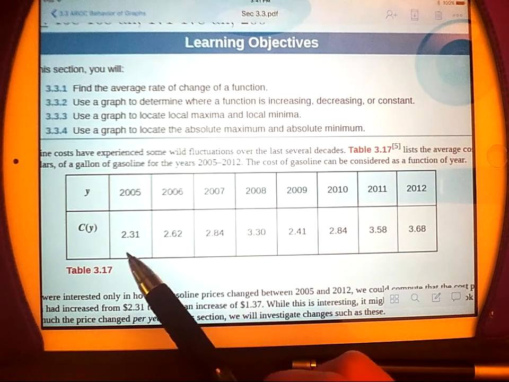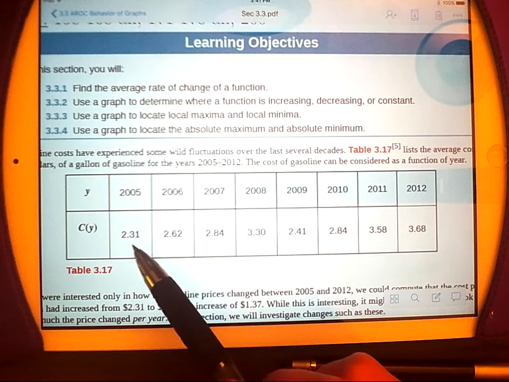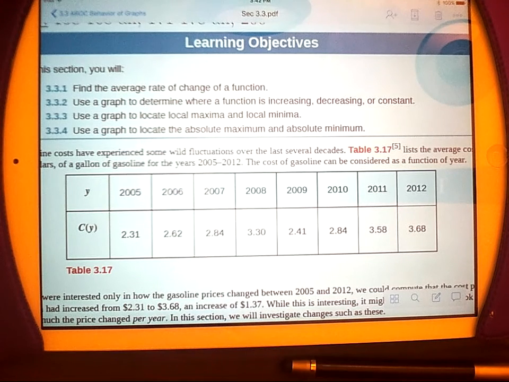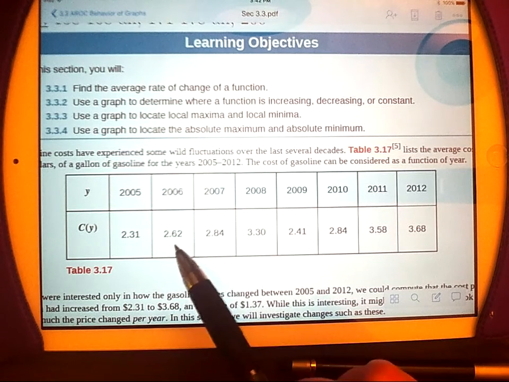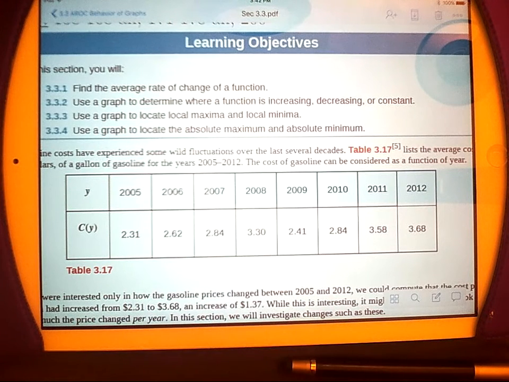So we could ask ourselves, how much did it increase in 1 year? Well, from 2005 to 2006, it increases 31 cents. That is, if I take $2.62 and subtract $2.31, that's 31 cents.